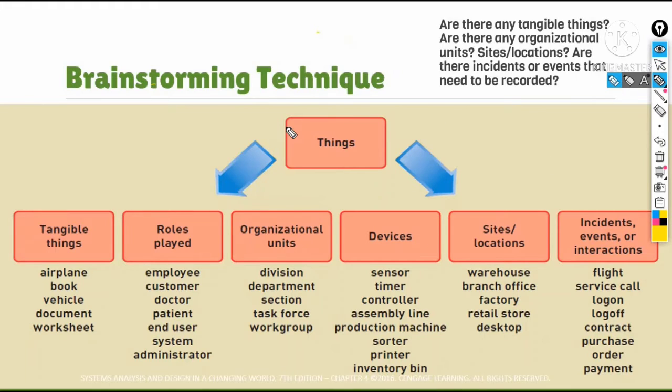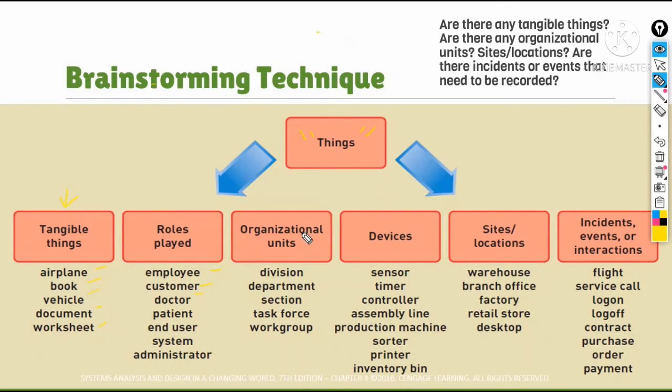Things here range from very tangible things such as airplane, book, vehicle, document, or worksheet, to roles such as employee, customer, doctor, and a lot more.